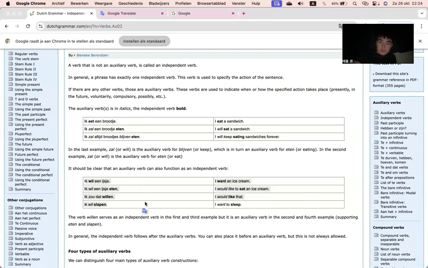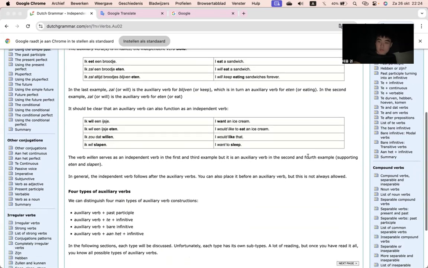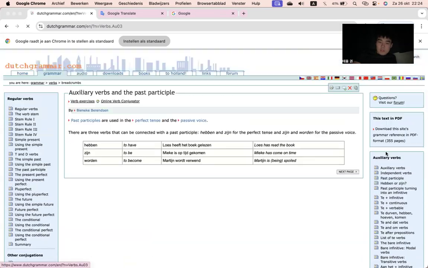So a verb can also function as an independent verb. Ik wil een ijsje. Ik wil een ijsje eten. Ik zou dat willen. Ik wil slapen.